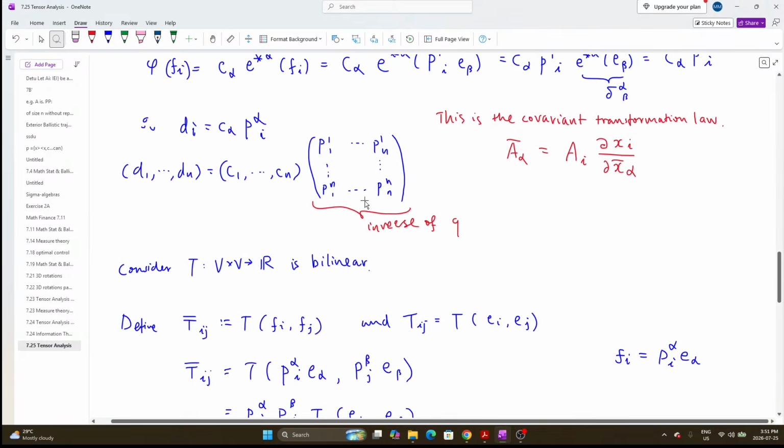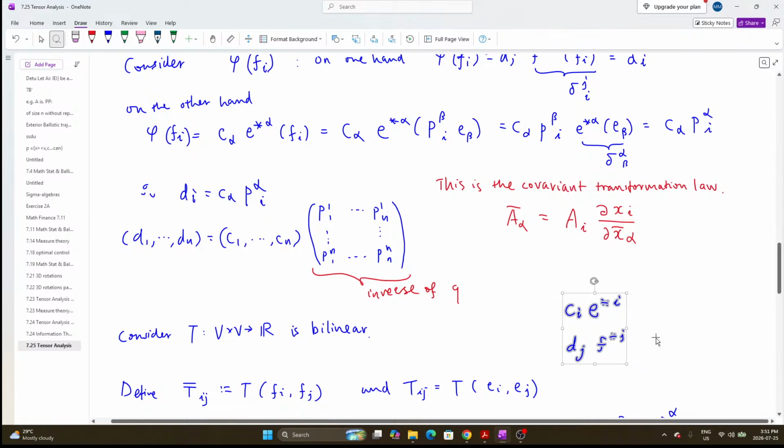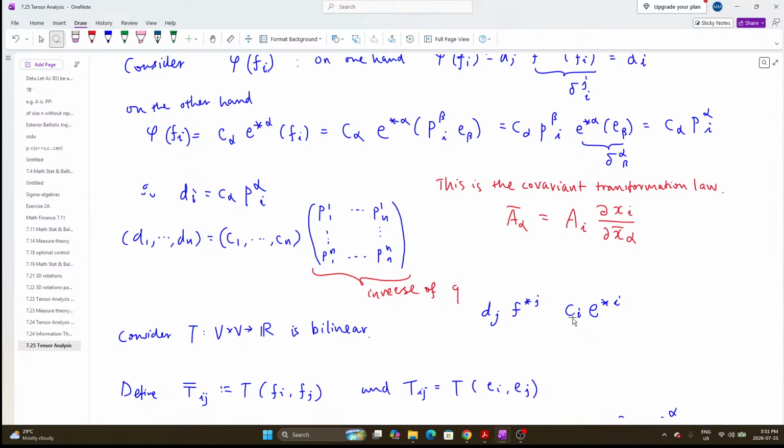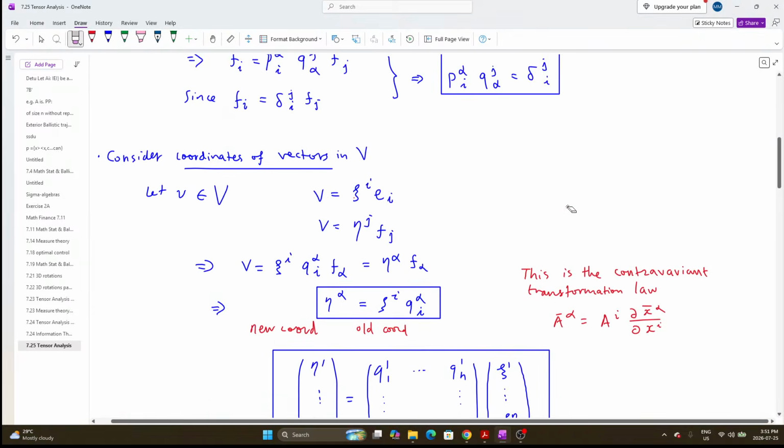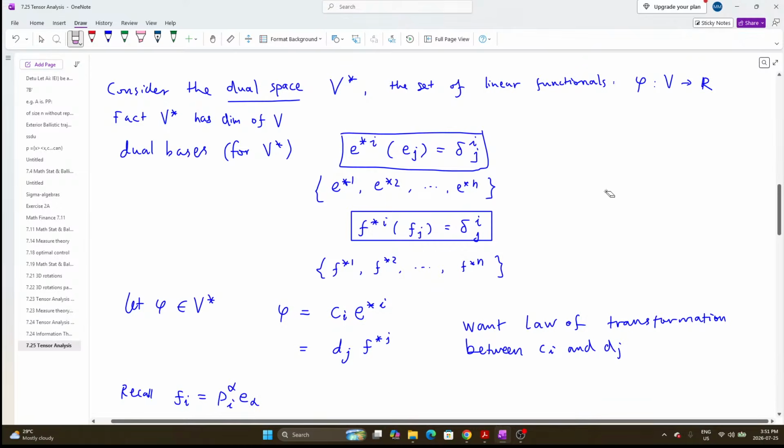Okay, let's put it here. All right. So D_j f star j is C_i star i. Actually, we can pick a special phi. That would be helpful. This is an arbitrary phi. Hold on a second. Where were we? Yeah, this is an arbitrary phi.